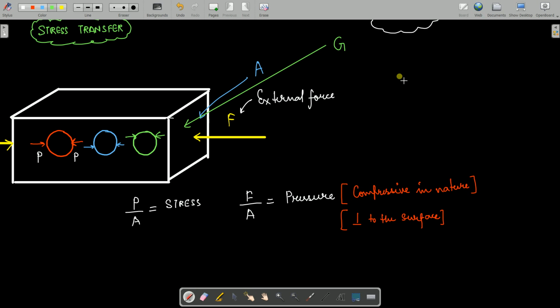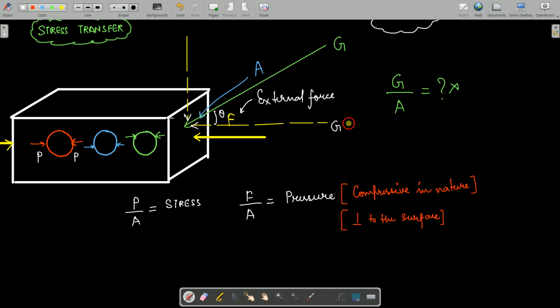Now if I ask you, tell me what is G by A, you will say, sir, I cannot say this. But I will take the components. This is my horizontal component, and this is my vertical component. Let's say the angle made between them is theta.